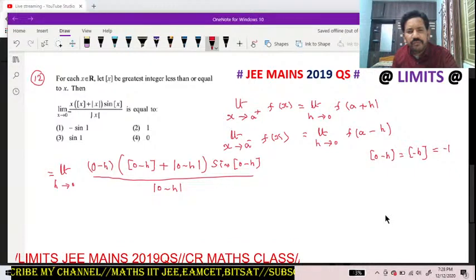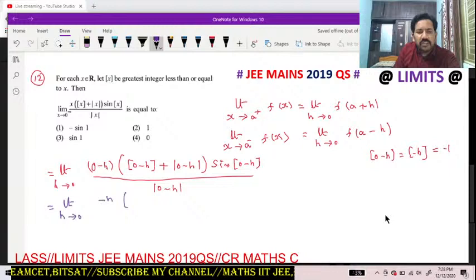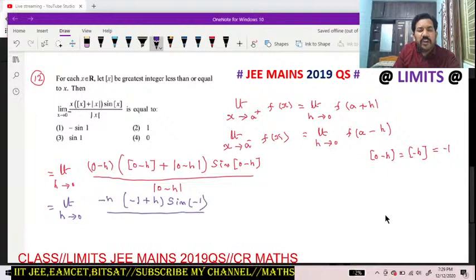Now observe what we can write: limit h tends to 0, numerator we get minus h into step of 0 minus h, minus 1, plus modulus of minus h plus h into sine of step of 0 minus h, that is minus 1, divided by modulus of minus h, cancel.